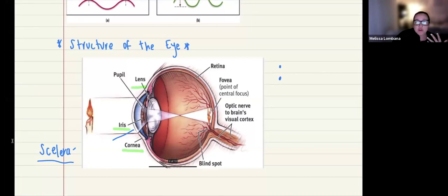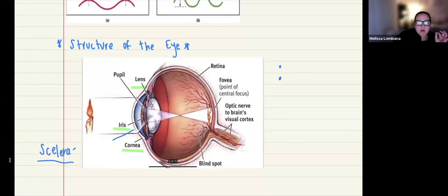The cornea is a clear membrane in front of the eye. This is the one that does most of the bending of light. Now the lens, which is here, is transparent and somewhat flexible, and this is the one that's going to fine tune images.